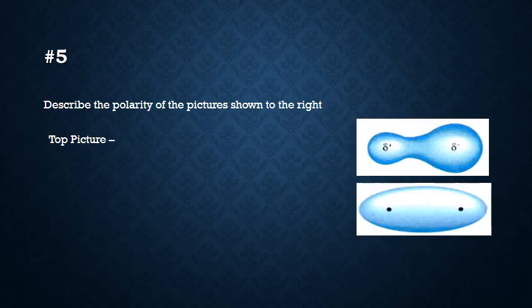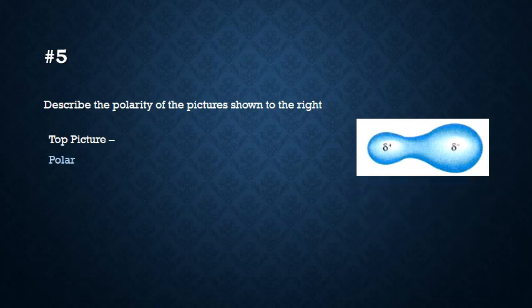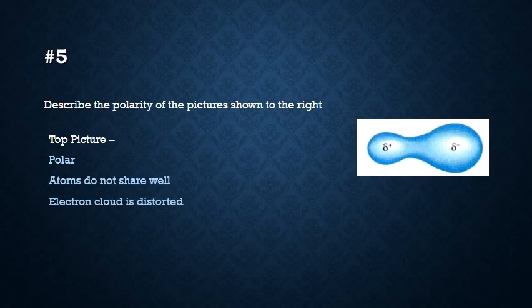So we need to describe what these pictures are trying to tell us. And I'm going to do that by looking at the top picture, and that is very clearly a polar molecule. It's polar because the atoms are not sharing well at all. And we can tell this because this electron cloud, this blue fuzzy area all the way around these two atoms, is pretty distorted.